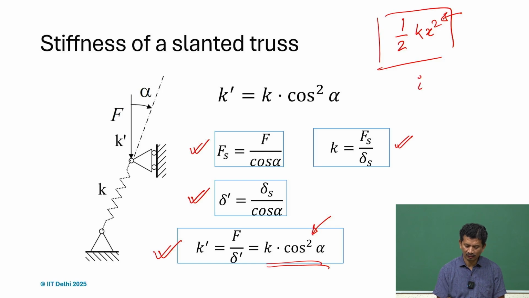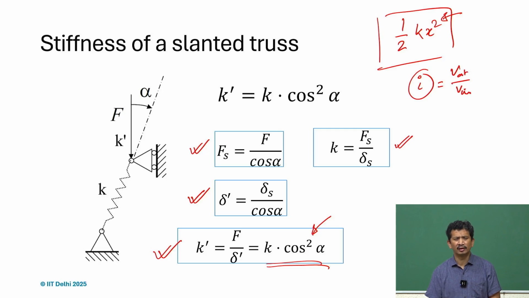That is why, when we talk about the transmission ratio, here we are talking about the ratio of the two deformations, deformation out by deformation in, and from here also we can relate that k prime is nothing but k by i square. So, it is easy to correlate, but the energy method is also a very powerful tool, and we can always cross-check our calculations with that.